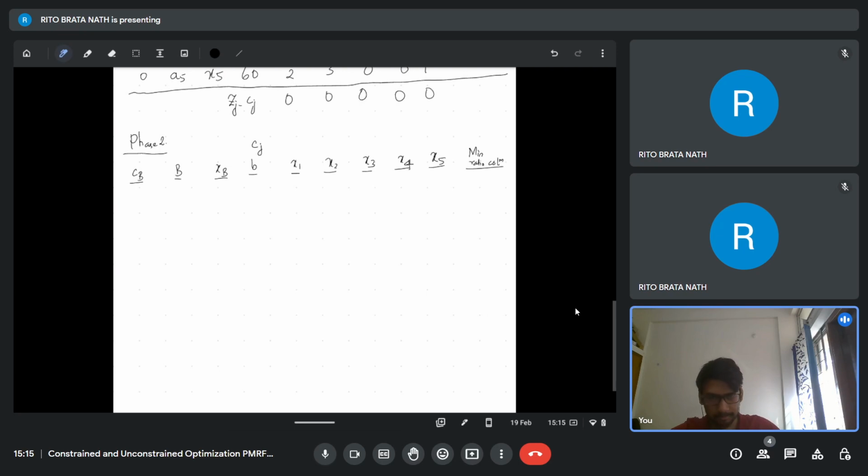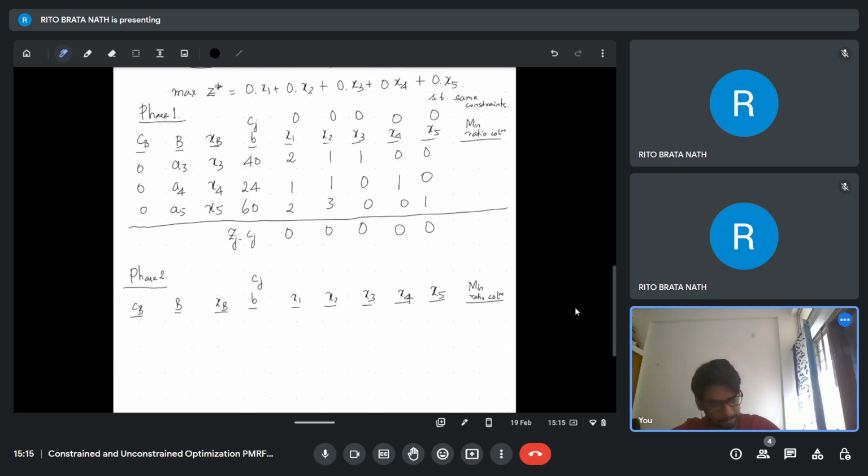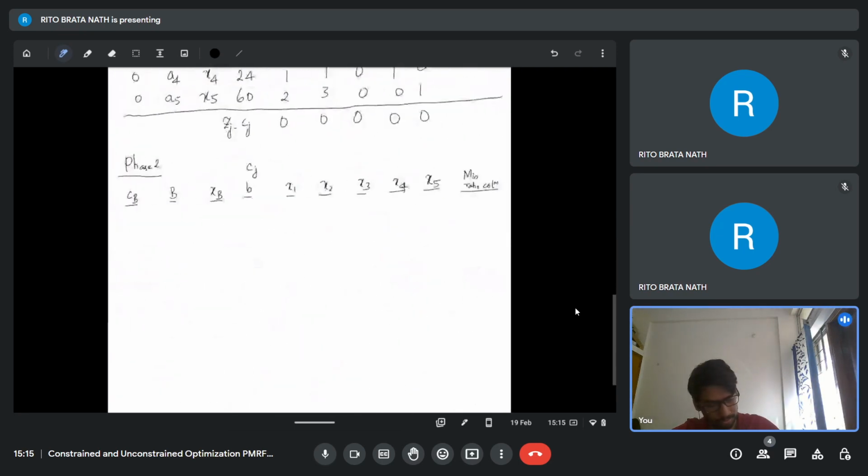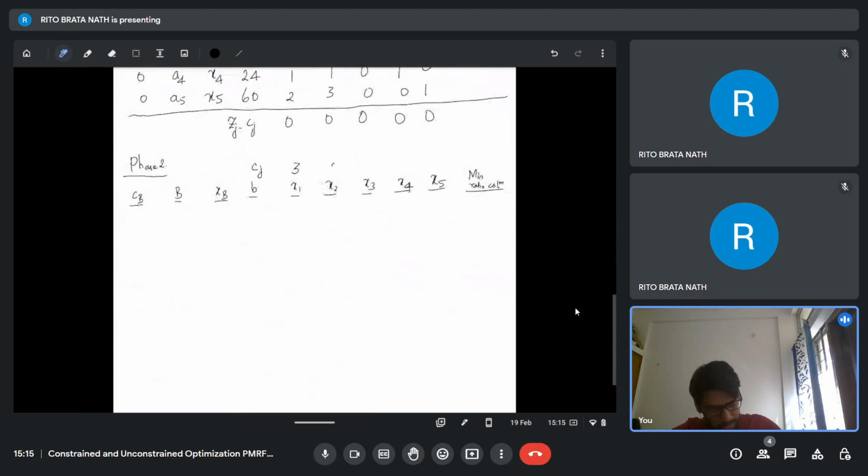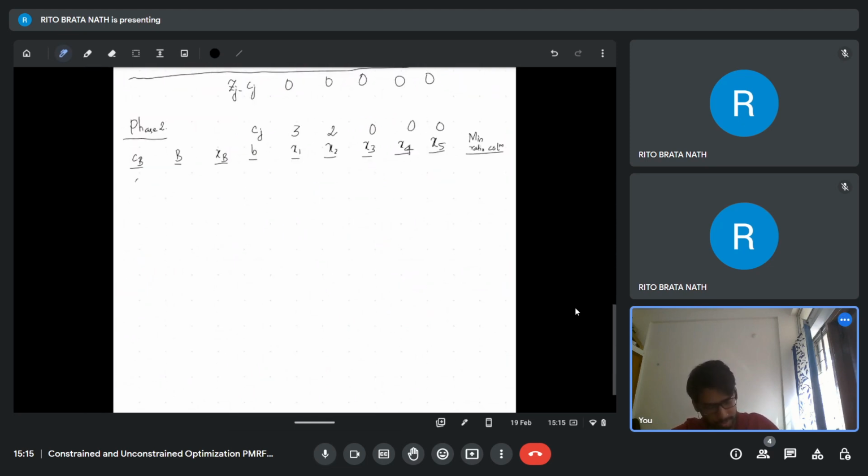The original objective function is 3x1 plus 2x2, so it goes as 3, 2, 0, 0, 0. These are the same, 0, 0, 0. This is A3, A4, A5, X3, X4, X5.